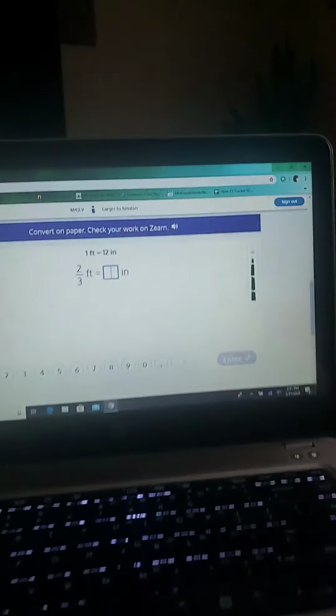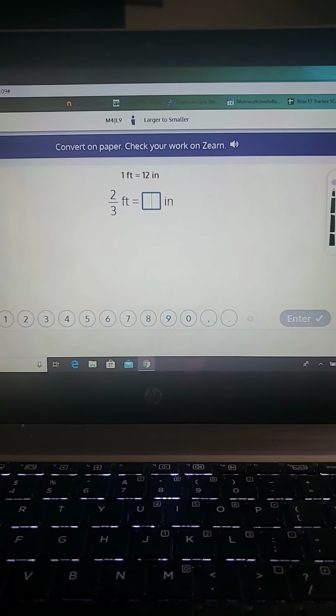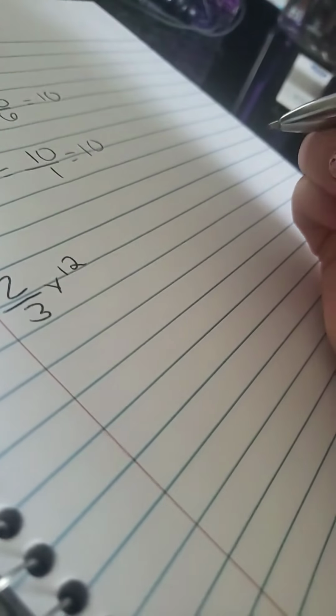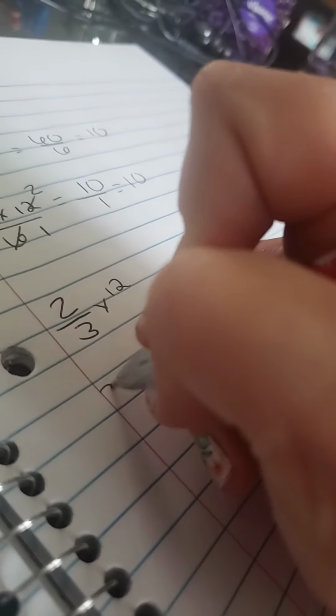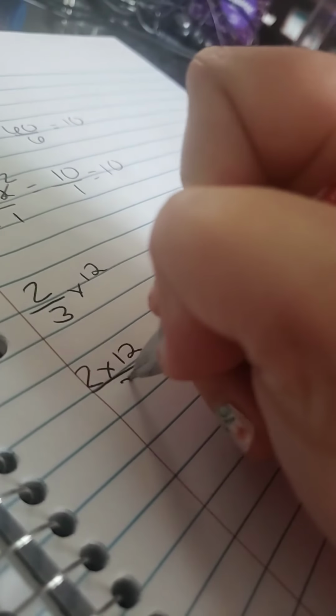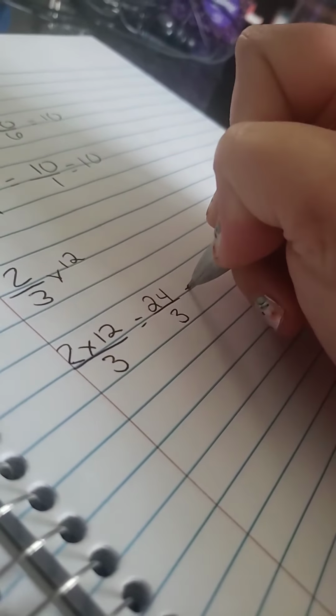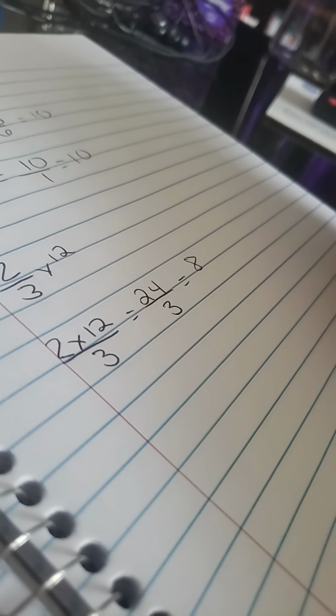All right. We have 2/3 foot in inches. So, oops, sorry. 2/3 times 12. You could do it as 2 times 12 over 3, which equals 24 over 3, which equals 8.